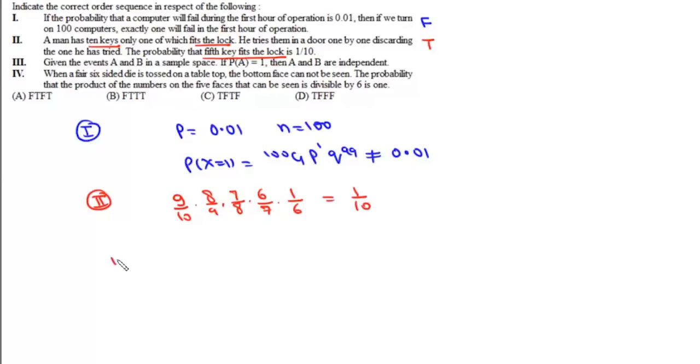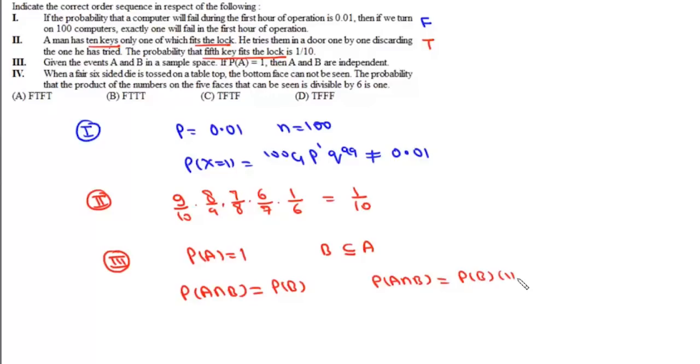Now we know that if P(A) equals 1, then B is a subset of A, then probability of A intersection B, it will be equal to probability of B. Now we can also write this as probability of B into 1, and this 1 is nothing but probability of A. So we can write this as probability of B into probability of A. So that means this third one is also true.